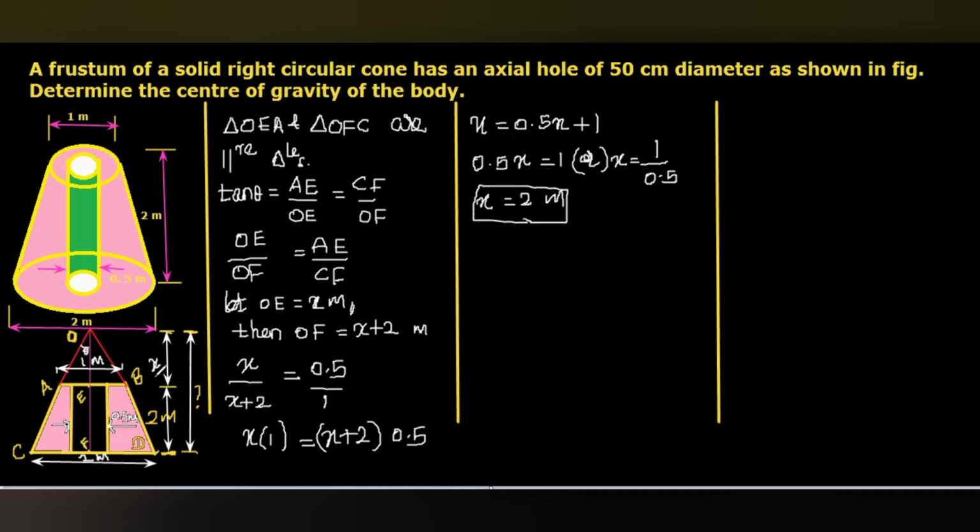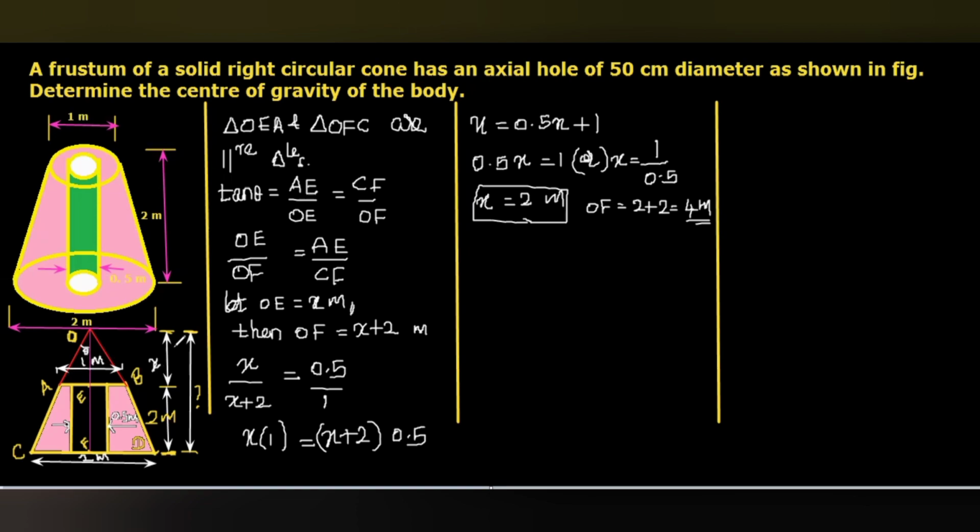Do you understand? So this x will be 2 meter. Then OF equals x plus 2, so 2 plus 2, 4 meters. So the height of the large cone OCD is 4 meter, and the height of the smaller cone OAB is 2 meters. So now we have calculated both.